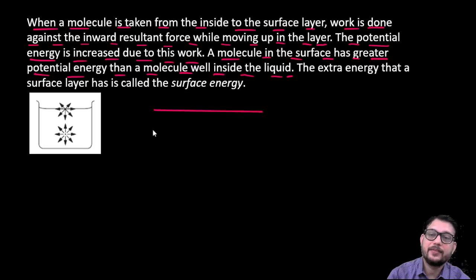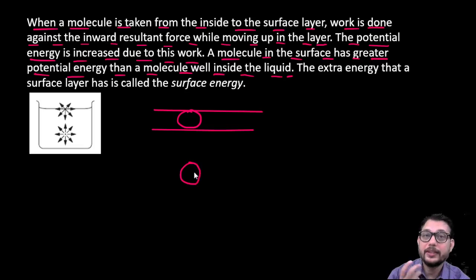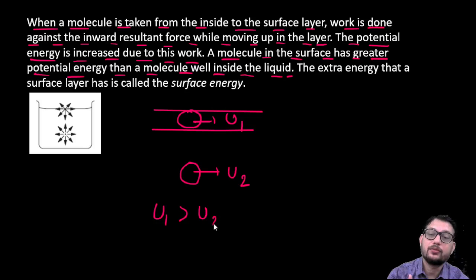If this is the surface, this is a molecule on the surface, and this is a molecule in the deeper side, this has potential energy U1, this has potential energy U2, so U1 must be greater than U2. The extra energy that a surface layer has is called the surface energy.